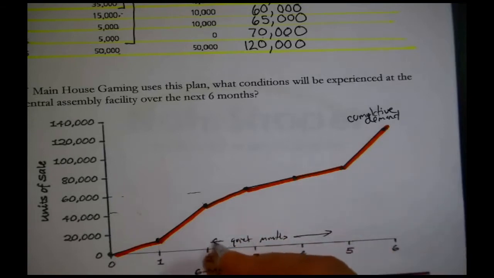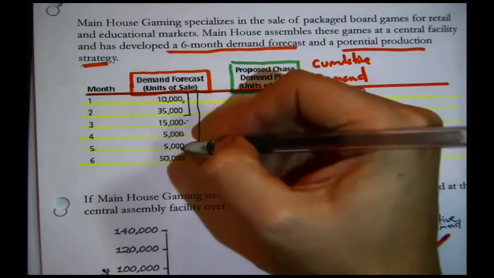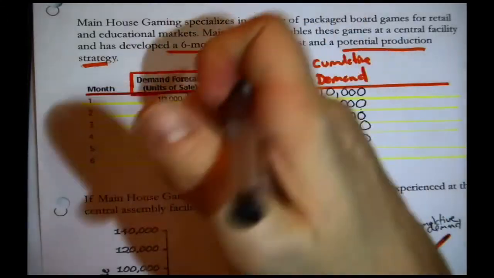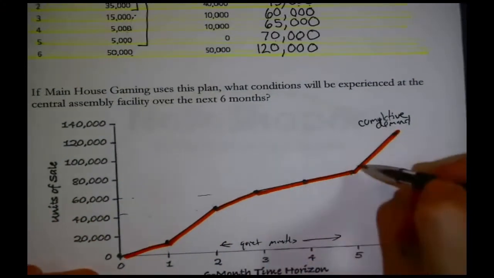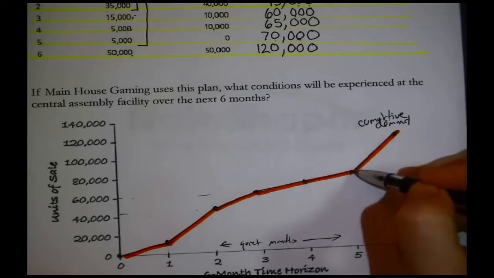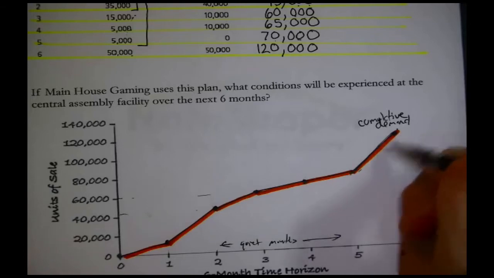Right in here, you say, well, yeah, I could see that because I'm just looking, there's a 5,000 and a 5,000. These seem to be low demand months. True. You can see that just by glancing at the graph. Anywhere that it gets steep, like, oh, that would be a hard climb, like right in there, that is indicating a spike in demand. That is indicating suddenly an intensely busy period.